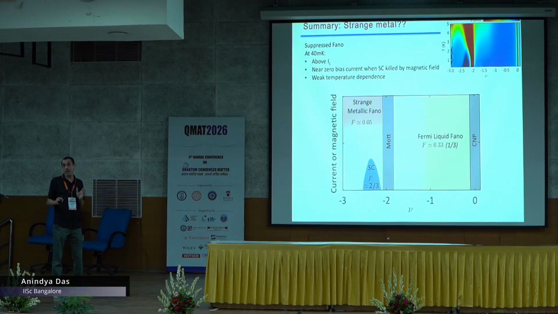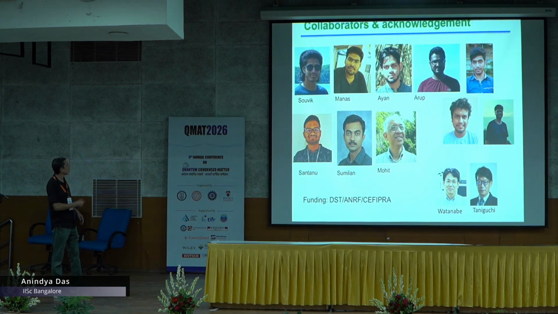We believe this is probably the signature of a strange metal, probably the strongest evidence so far that we have seen in the literature. And that brings us to our collaborators, Sumil and Mohit, with whom there were lots of discussions, understanding, and calculations using electron-phonon coupling to understand what is going on, and these are the funding agencies for the support.